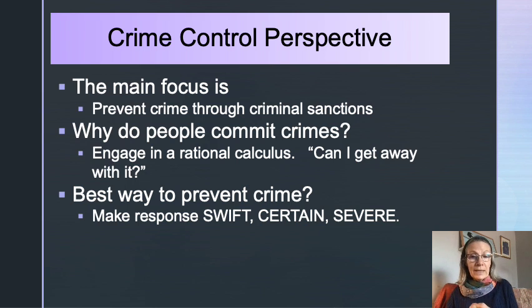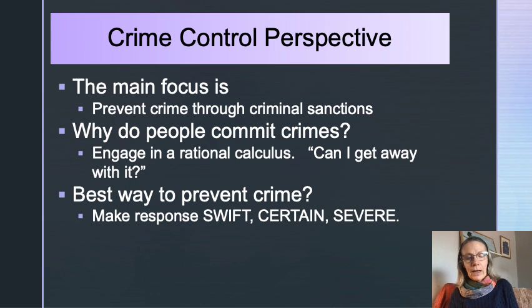And so what that means is that you want there to be a close relationship between committing the crime and swiftly getting punished for it, right? You want to say, this is what happens to criminals, they get punished, and that happens swiftly, so that you don't forget about that relationship to what happened to those who committed crimes.